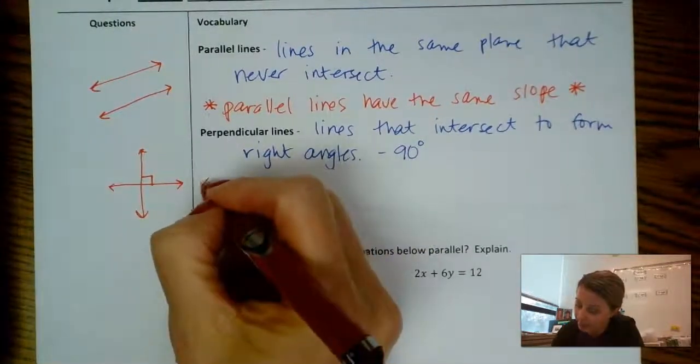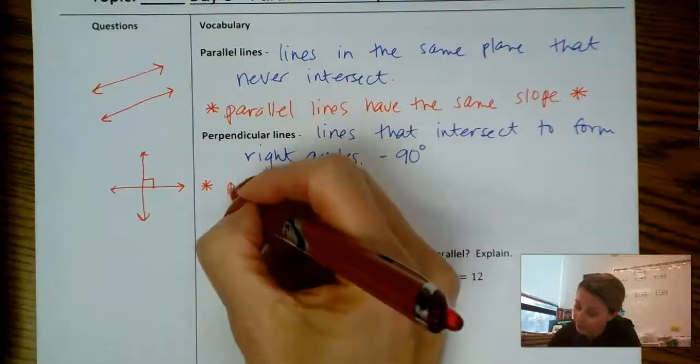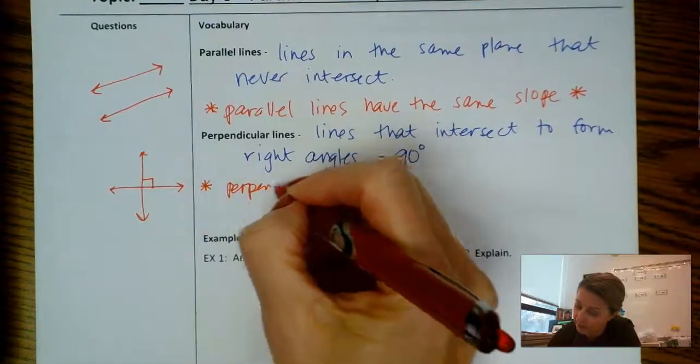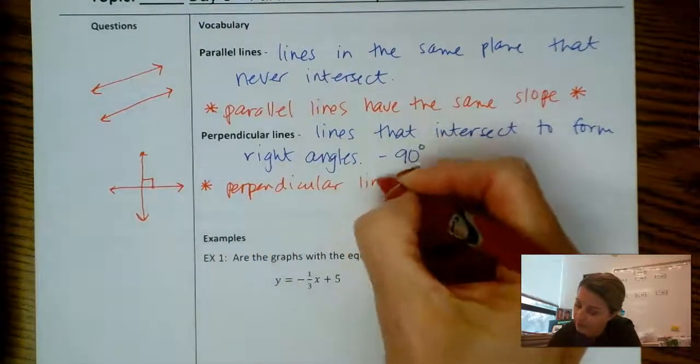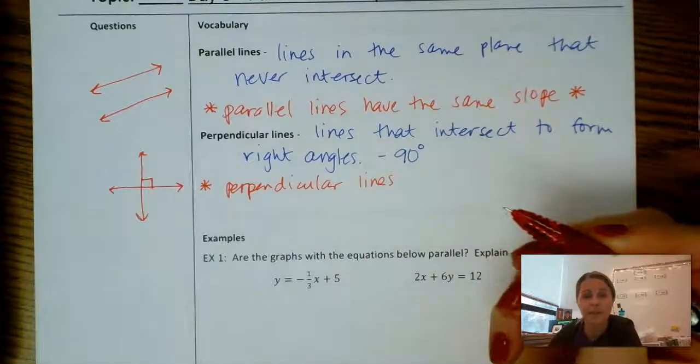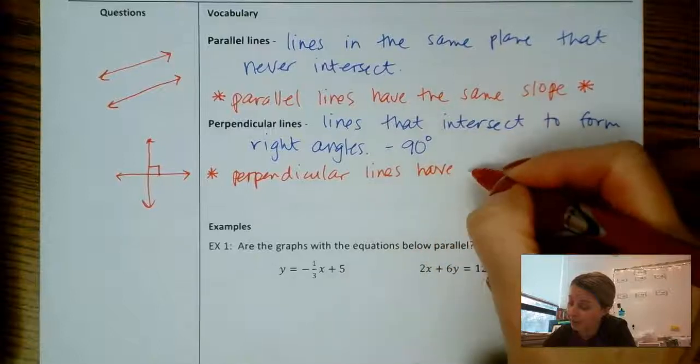So let's add a little bit here. I'm going to say here, perpendicular lines have opposite reciprocal slopes.